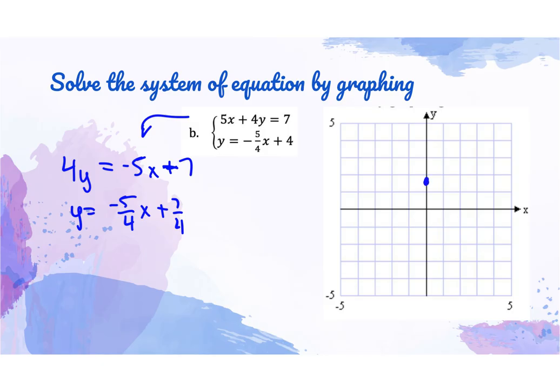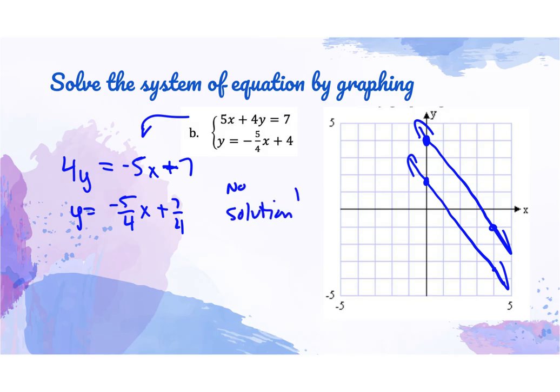So down 5, 1, 2, 3, 4, 5 over 4. It's going to be right about there. So then the other one starts up here at 4, down 5 over 4 goes there. Those are never going to cross. Those are parallel. So that's going to be no solution. Okay, those just don't work.